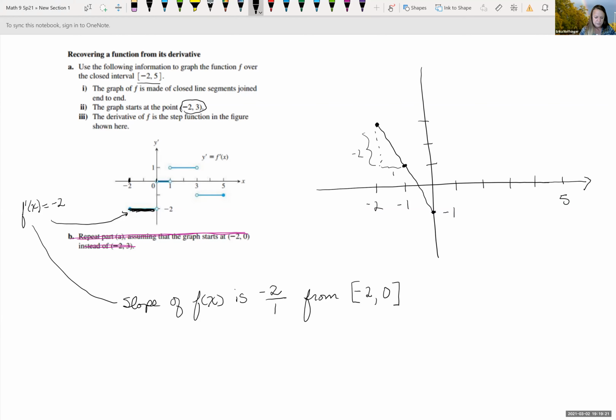So now go to the next piece. Looking at the step function, the next piece I have is my slope here is 0. So this is where f prime of x is equal to 0, and that's between the interval 0 and 1.